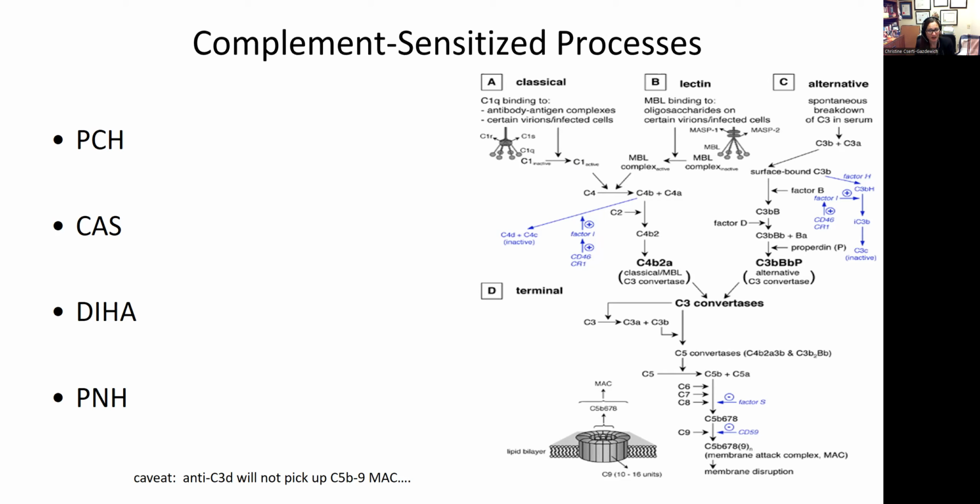We think about it all the time in medicine. And if you have a complement positive DAT, the differential again is your cold immune hemolytic anemias, PCH or cold agglutinin syndrome. A drug-induced immune hemolysis can sometimes have complement on the red cell surface, and PNH or paroxysmal nocturnal hemoglobinuria. And that is an emanation of a clonally acquired stem cell defect where all the descendants of that somatically mutated clone have problems dealing with complement activation.